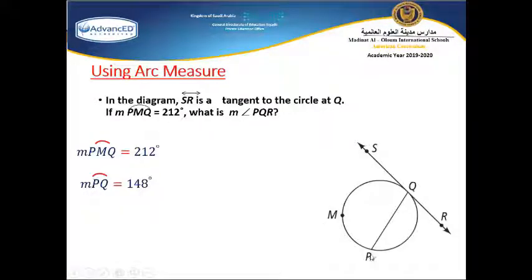And the measure of the angle PQR formed by the tangent SR and the chord PQ equals half the measure of the intercepted arc PQ, which equals half of 148, which equals 74.